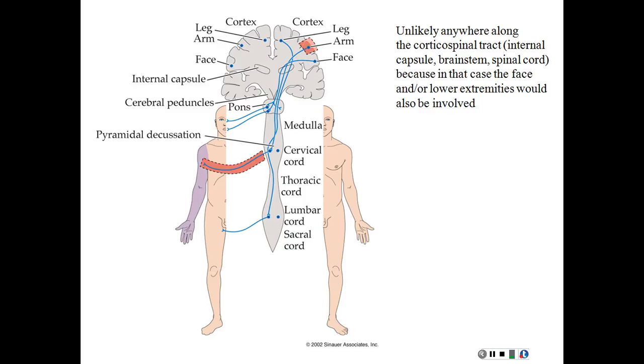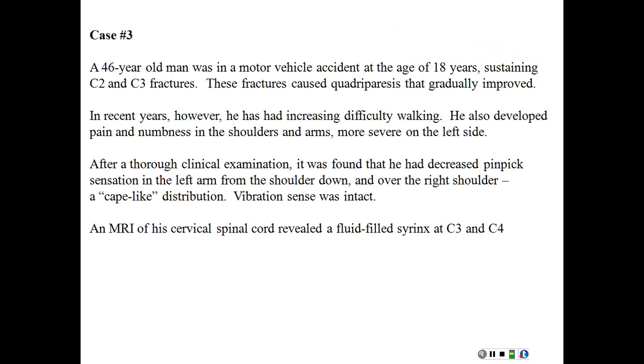Because anything lower, all the axons are traveling together. And you'd never have that degree of specificity. And we know, because by the scan, there's no damage in the spinal cord, right? I told you where the damage was. So these questions are not about you being a diagnostic clinician yet. These questions are about drawing on your knowledge of anatomy and making it clinically relevant.